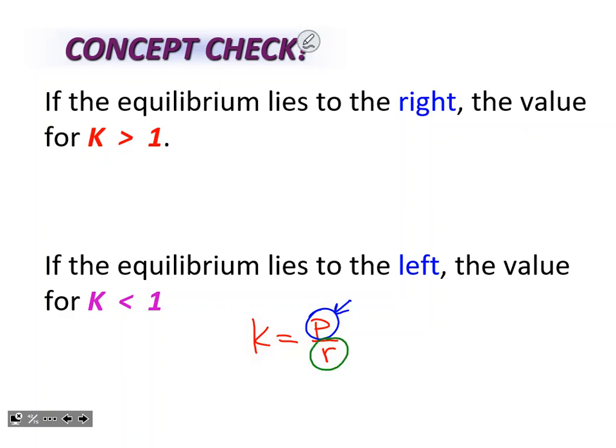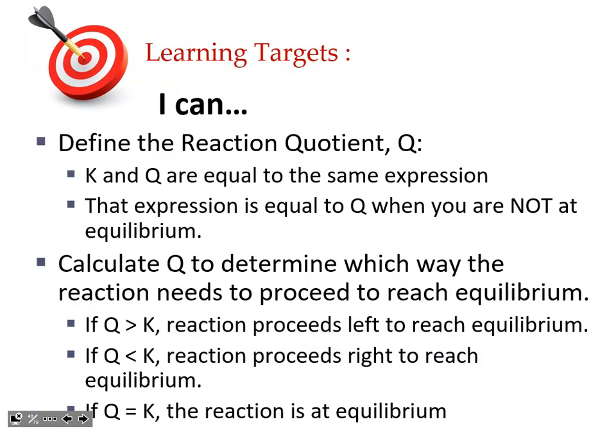Now let's remember why this is. You get the generalized law of mass action, which technically would be all of the concentrations raised to the powers of the coefficients in the balanced reaction. But generally you could write it like this: K is usually the products over the reactants, the product concentrations or product partial pressures over the reactant concentrations or reactant partial pressures.